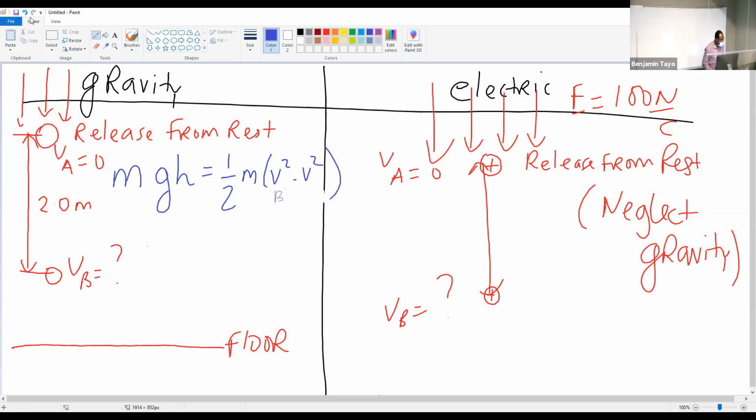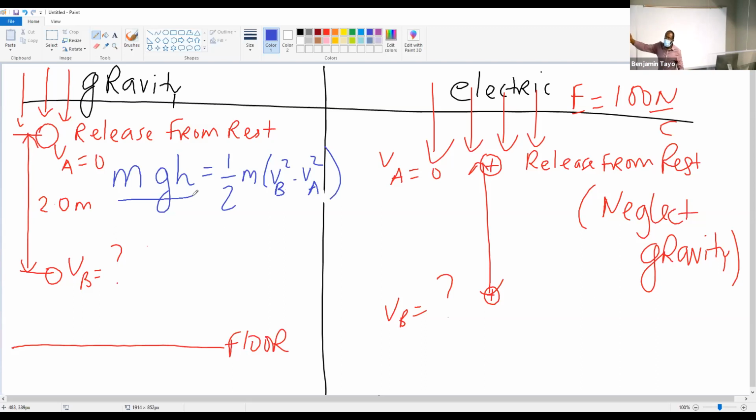Now, what is M times G times H? What is M times G? Mass times gravity gives me what? Gravity is acceleration. Mass times gravity gives me force. What is force times height?